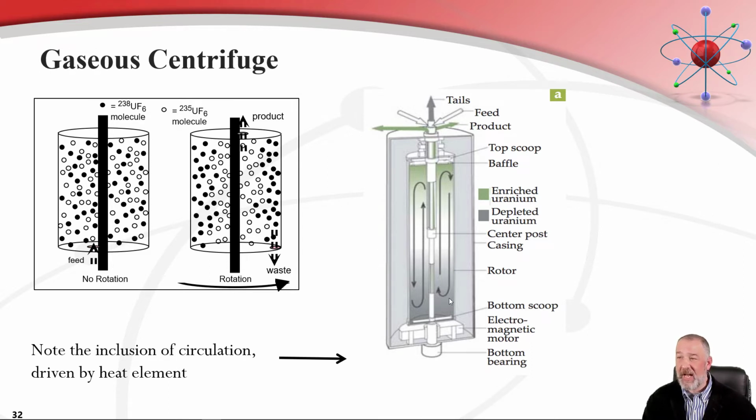Now, there's an outside casing to this, and in every picture you've ever seen of a gaseous centrifuge, you're only ever seeing the outside casing. So you may ask, why is there even an outside casing? Well, it's not to hide any trade secrets or for non-proliferation reasons. It's there as a vacuum chamber.